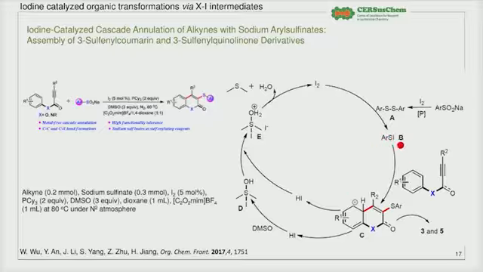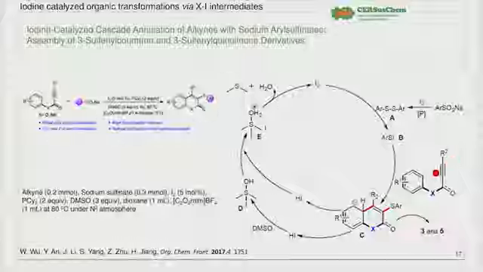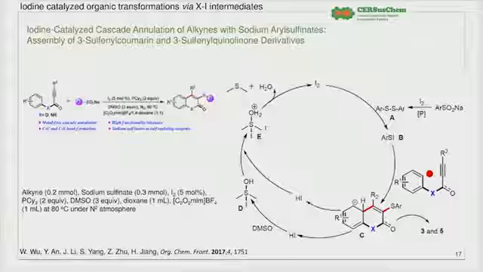Now, this electrophilic sulfur species is attacked by the alkynes, which by cascade reaction form the cyclized intermediate C, which leads to the product by eliminating HI. Now HI, in the presence of the oxidant DMSO, is oxidized back to molecular iodine, which re-enters the catalytic cycle.